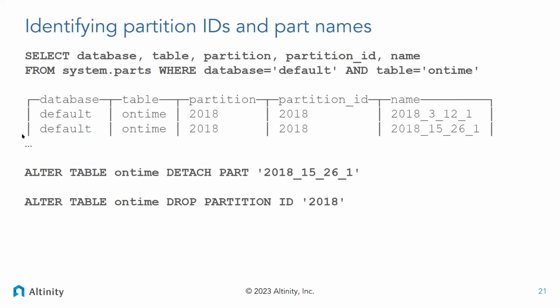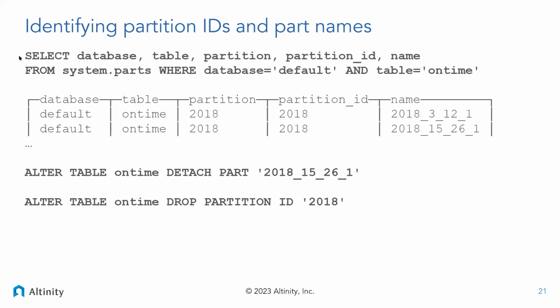The important thing is you need to be able to identify the partition IDs as well as the part names. For that, of course, there is the system.parts table, and here's a simple example which shows a couple of operations.